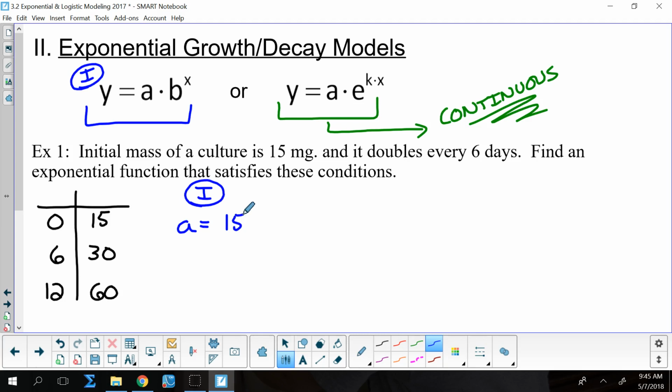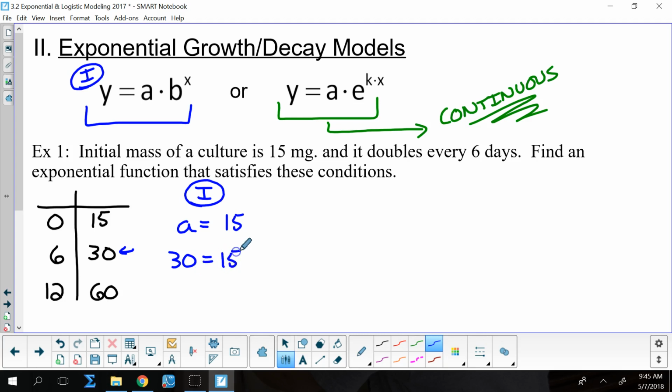Now, I need to find my B. Well, we did this last week. If I need to find my B, I'm going to use this second point here. 30 is my Y value.